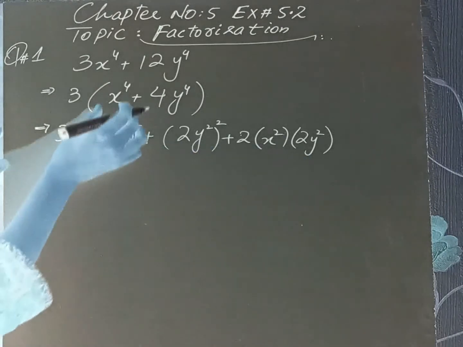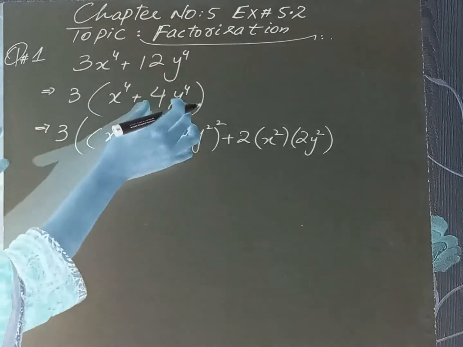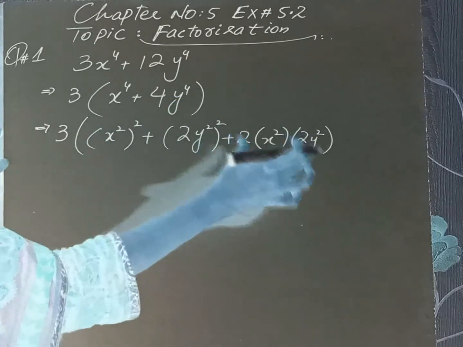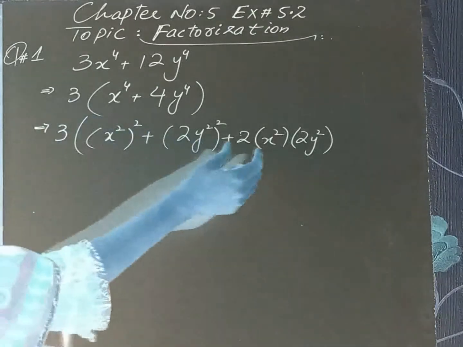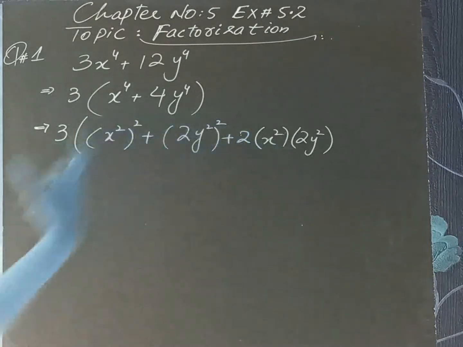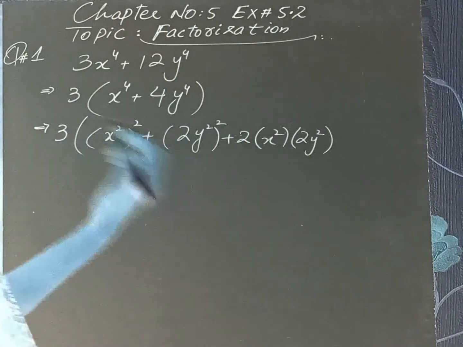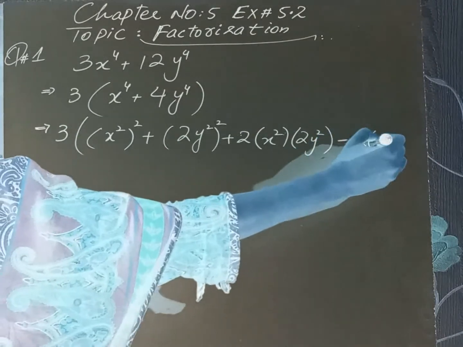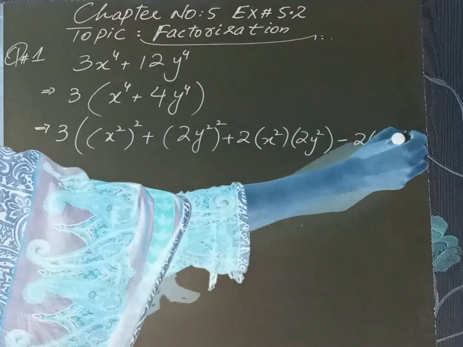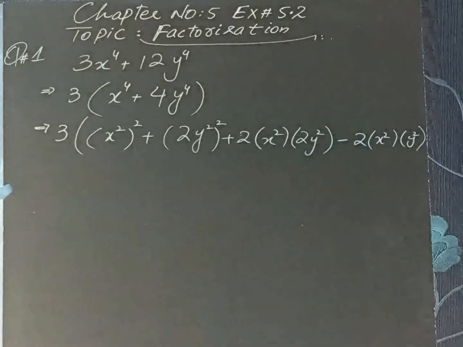We have a square here and b square here, but this 2ab we wrote ourselves, we generated it ourselves. If we added this ourselves, then we will have to subtract this as well: minus 2 into a into b.